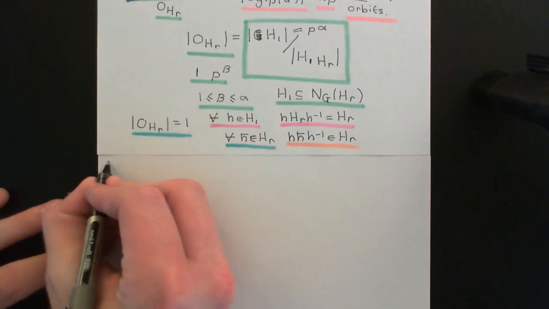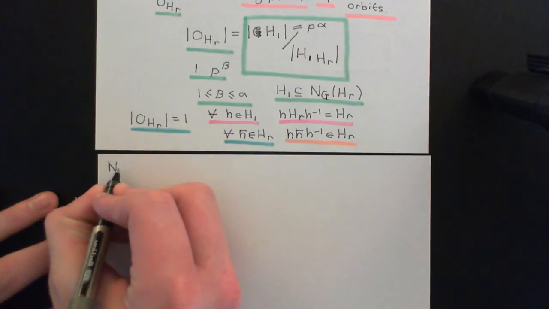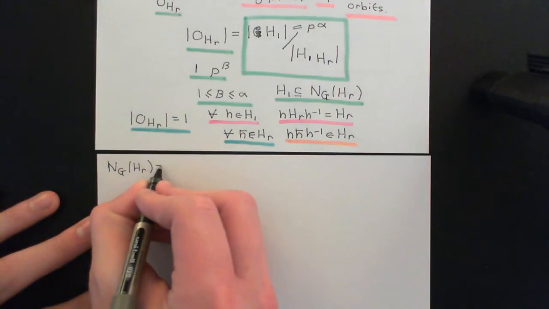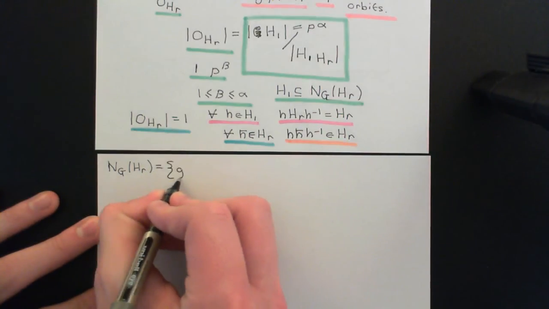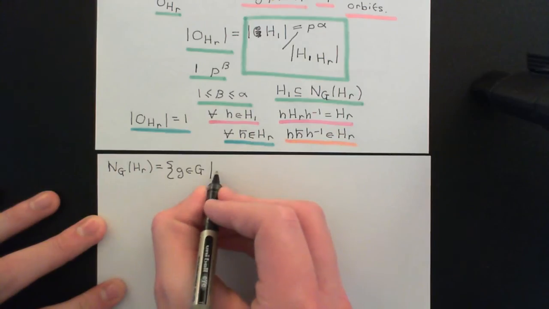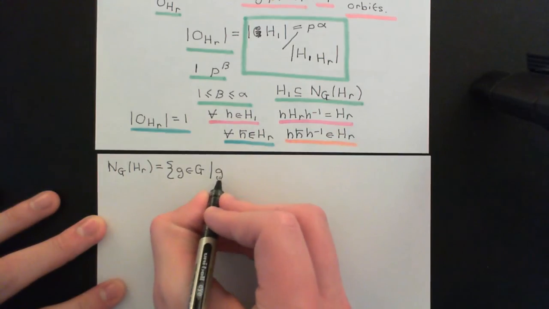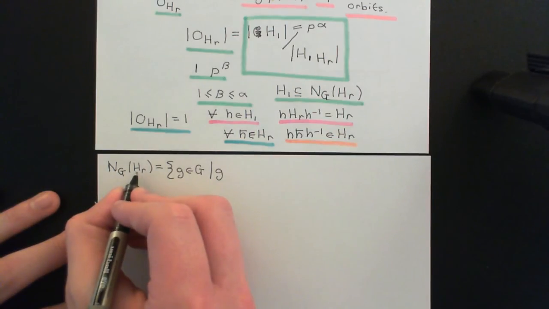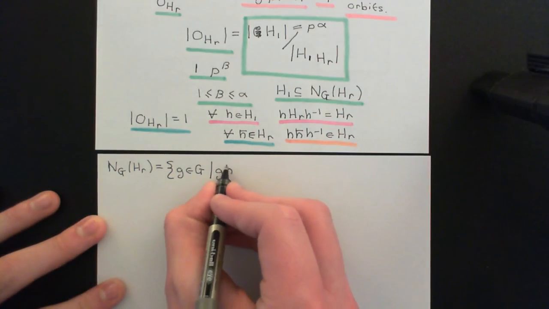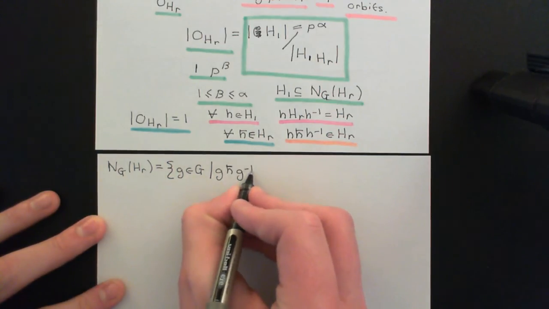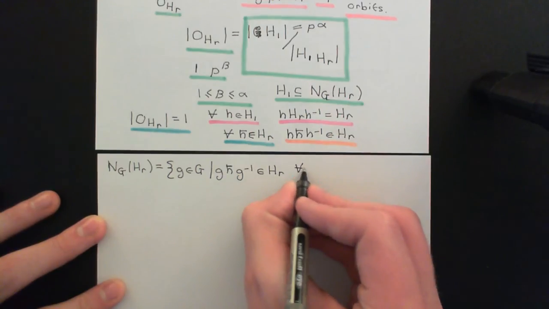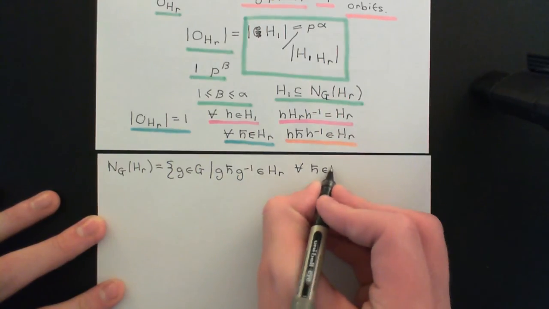Okay, so the definition of the normalizer of capital HR in G is all elements of the group, so all little g that are elements of the group capital G, such that when I use little g to conjugate any element of my subgroup capital HR, which I'll again call h bar, so g h bar g inverse is an element of capital HR for all h bar in capital HR.